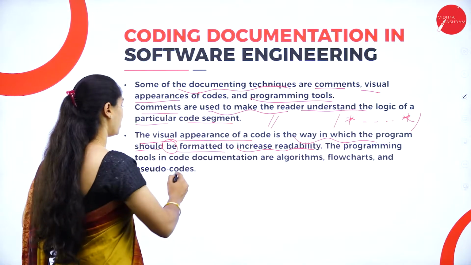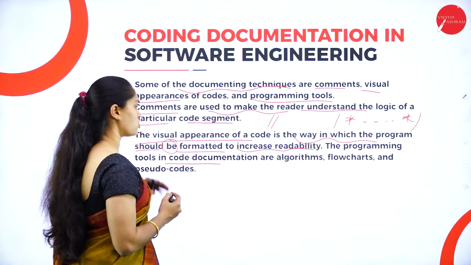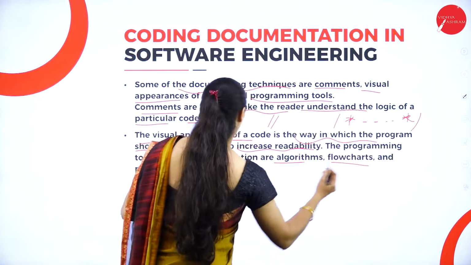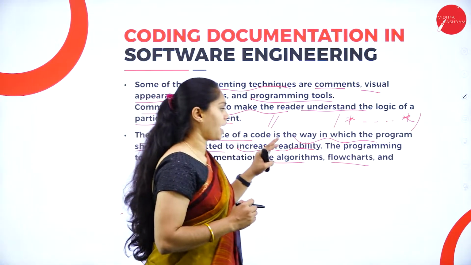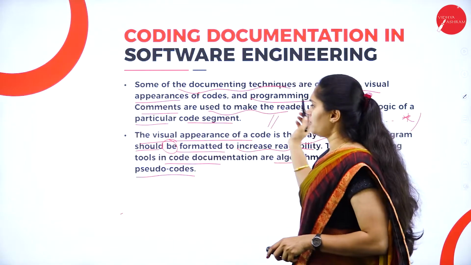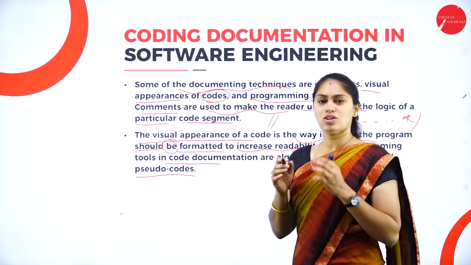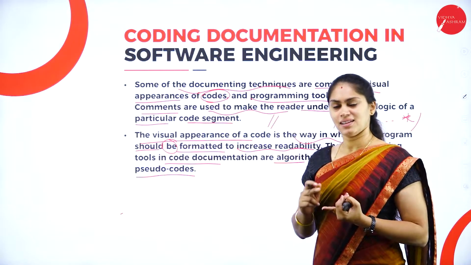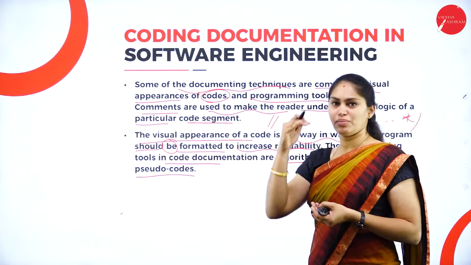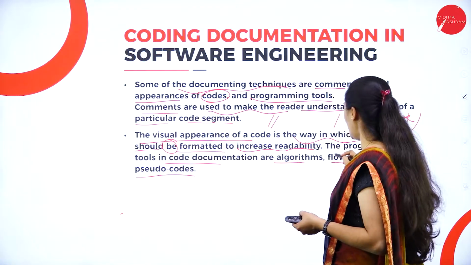Then what are programming tools in code documentation? Here we have an algorithm, a flowchart, as well as a pseudocode. All these are examples when it comes to the visual appearance of code. The working or logic of a program may be represented in terms of an algorithm, right? It will be a step-by-step procedure. And also we have a flowchart.